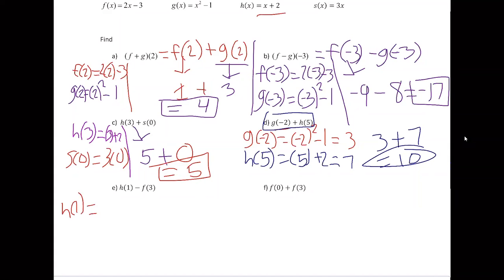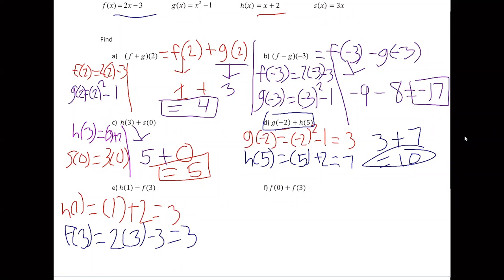So that would be 1 plus 2, which equals 3. And then f of 3, that's this function here. So 2 times 3 minus 3 would also be 3. If you subtract these from each other, you would just have 3 minus 3, or 0.